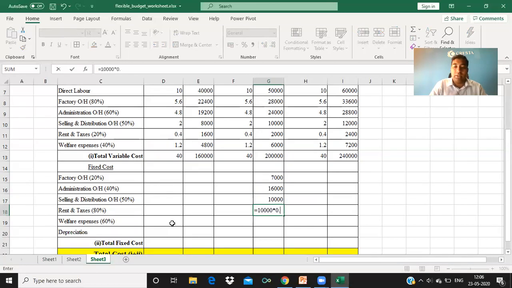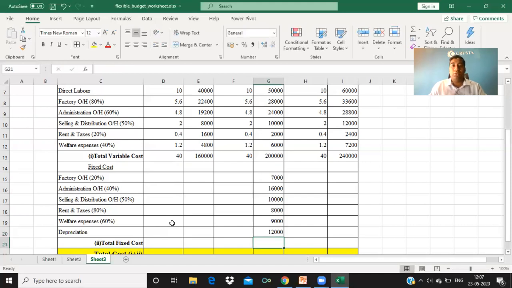Out of that, 80% is the fixed component, so 8,000. Next, welfare expenses is given as 15,000, which has a 60% fixed component, so 9,000. And depreciation, the whole amount of 12,000 is given as a fixed component, so it is going to remain the same.